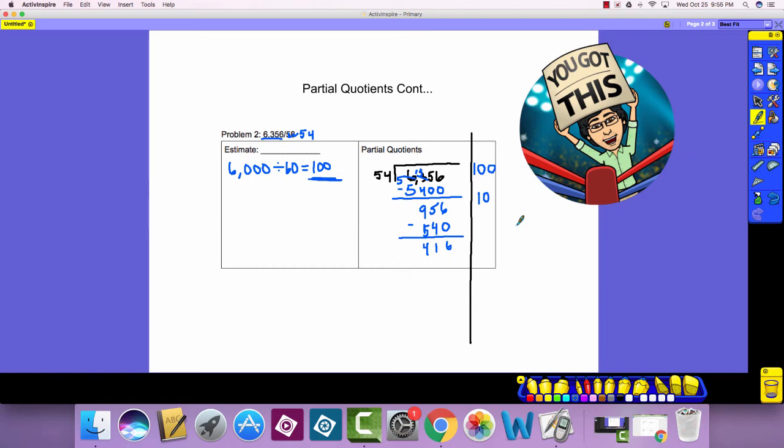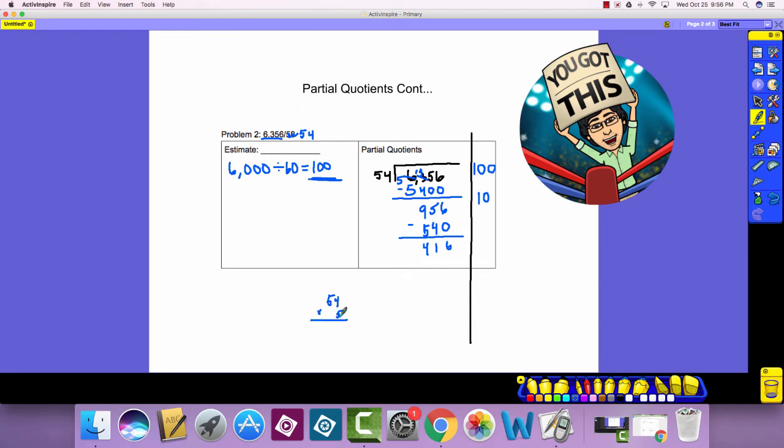This can be a little challenging now. But I'm going to do some mental partial products in my head. I'm going to think, well, I know there's not 10 54s because 10 54s was 540, and that'd be too much. So I'm just going to think, what about 5? So 54 times 5.